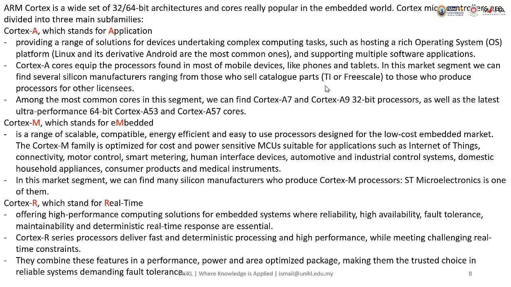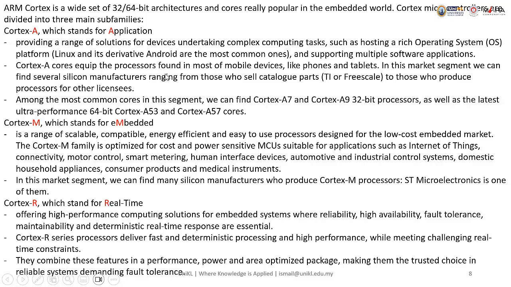This is the solution for complex computing tasks, such as operating system platforms; Linux and its derivative Android are the most common ones. Cortex-A equips the processors found in most mobile devices like phones and tablets. Now Cortex-A is also being used for laptops and PCs.